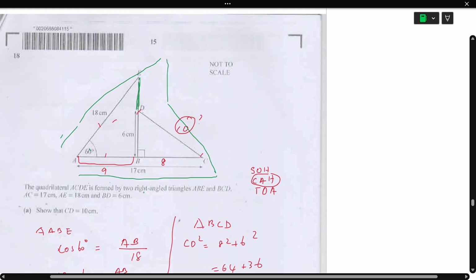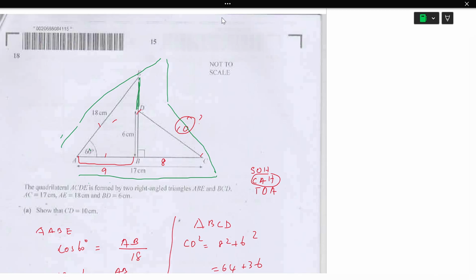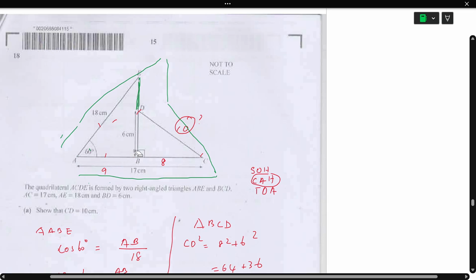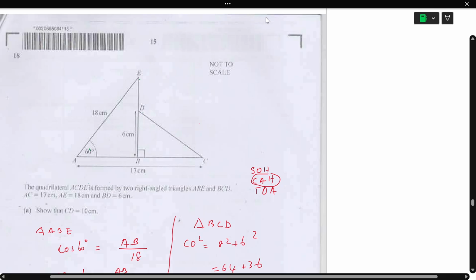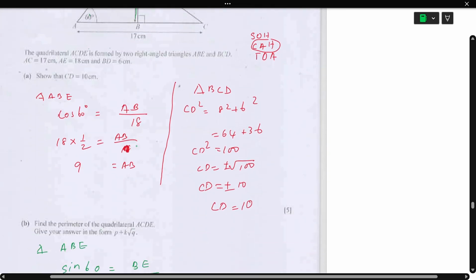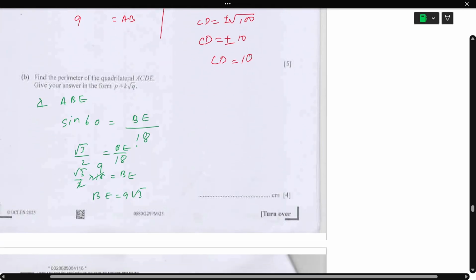BE is the entire length, here to here. So I got 9 root 3.